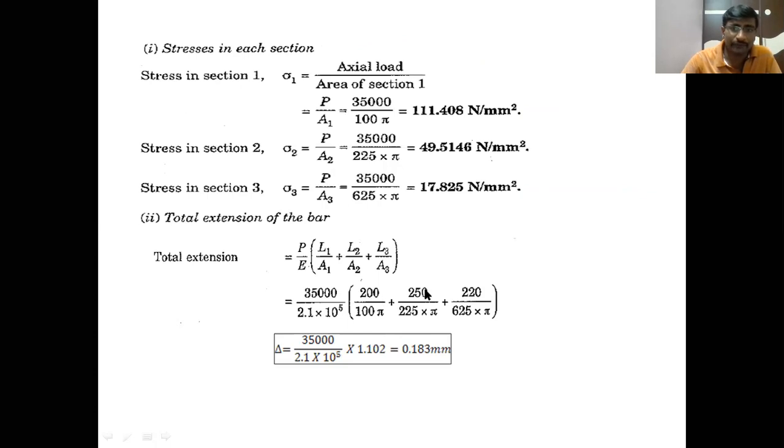So 200, 250, 220 are the lengths for each section, and the areas are 100 pi for the first section, 225 pi for the second section, and 625 pi for the third section. Clear?